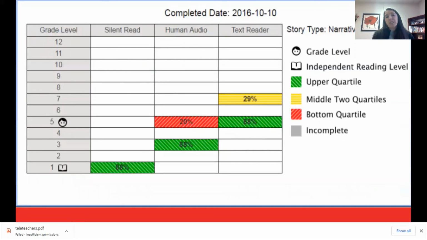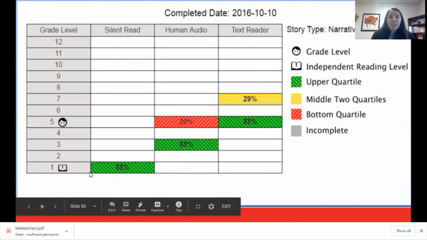This is what you would see if you gave an individual assessment with the UPAR. So if you were just testing 1 student, you can see here that they are actually at the 1st grade reading level. So that's their independent reading level right here with the book. And so they were on a 1st grade reading level with a silent read at 88% accuracy.